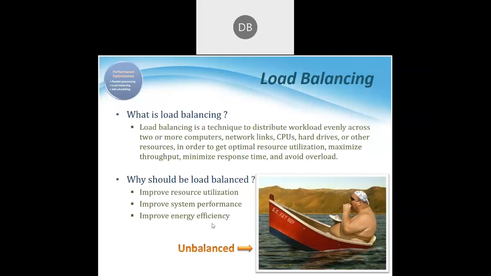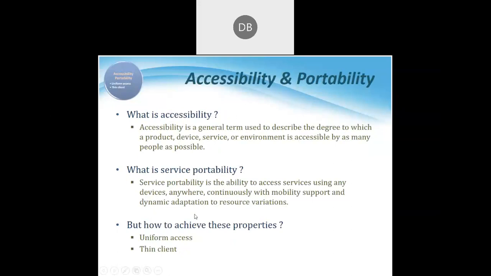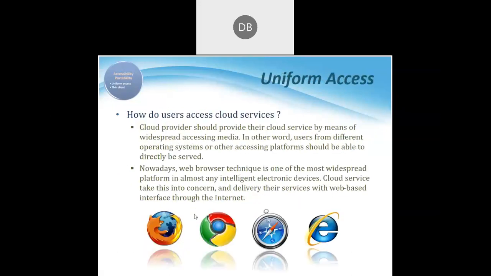Suppose out of 2 servers, the capacity of one server is exhausted up to 90%, and another server is hardly 10% used. So it is a mismatch. So then what can be done? With the help of load balancing software, 50% of the load of the first server can be transferred to another server. Now the first server will be busy 40% of the time, and the second server will be busy 60% of the time. So that is load balancing.